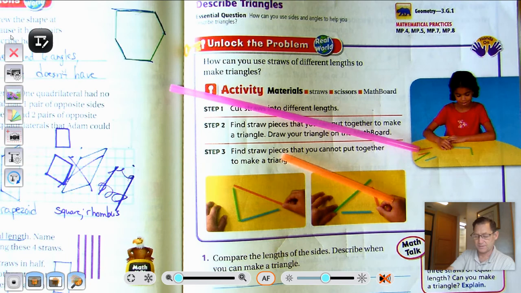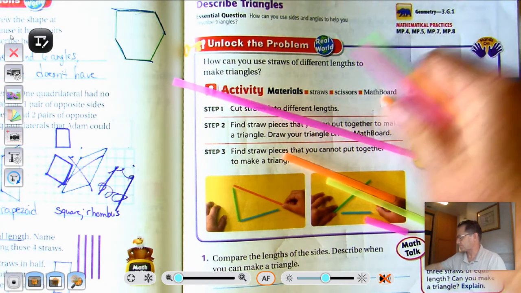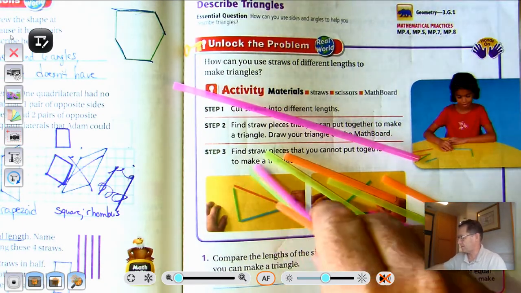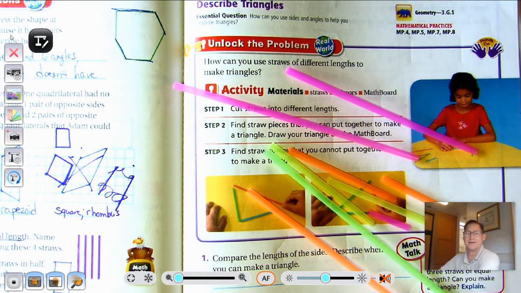Okay, so we have a bunch of straws with different lengths. Some of them are of equal length. So it says then find straws that can be put together to make a triangle.